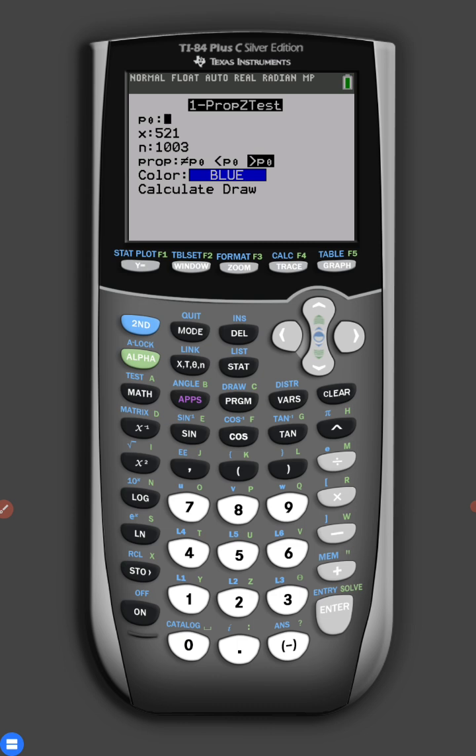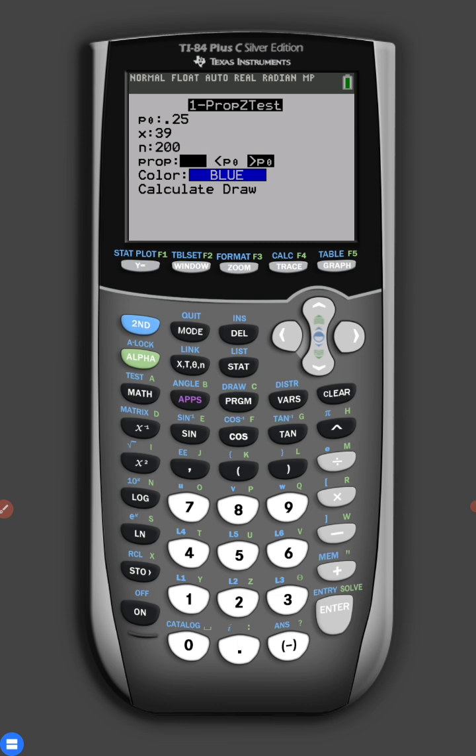So this little p0, that 0 is there because it's referring to our null hypothesis. So what do we think the proportion is, or what has it previously been stated to be? 0.25. Okay? What is our x value and what is our n value? X and n are referring to our sample. So in our sample, there were 39 students out of 200 who had a job.